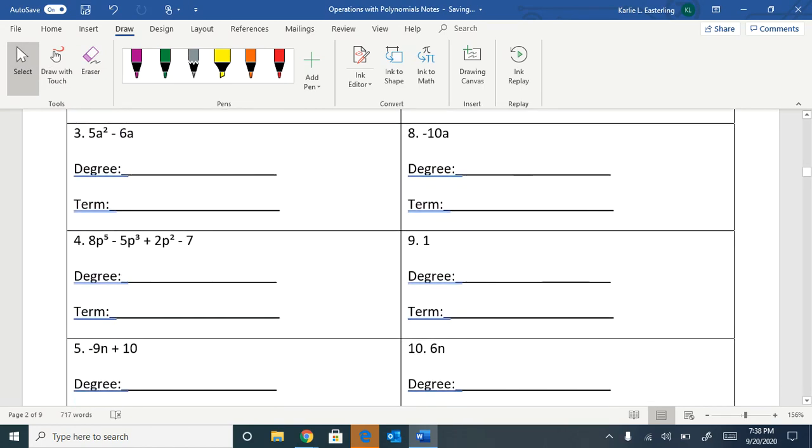So I'm going to start letting y'all get some practice with these. You're going to input your answer, and then I'm going to go over it. When we're talking about number 3, we are looking at a quadratic because we have that second degree, and then we have 2 terms, so we are looking at a binomial.